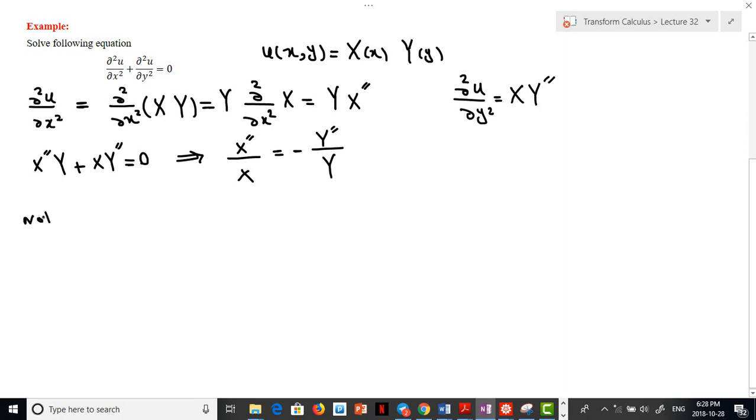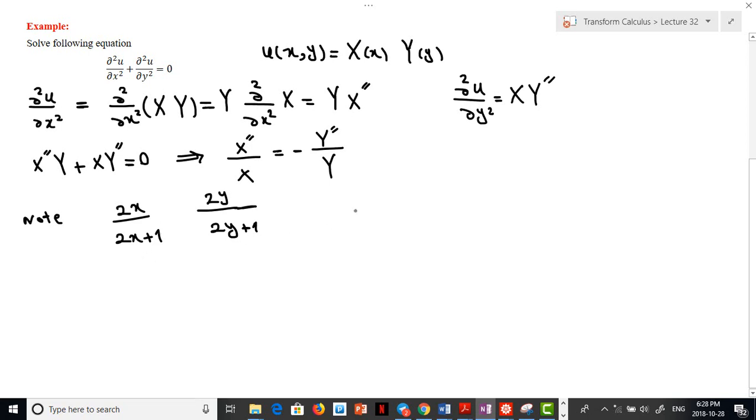Just a note. Imagine I have two functions like this: 2x divided by 2x plus 1, and 2y divided by 2y plus 1. When you see these two functions, at first you may say that these two functions are equal. But in fact, they are not equal. Why? Because if two functions are equal, they have to be equal for any values of x and y.